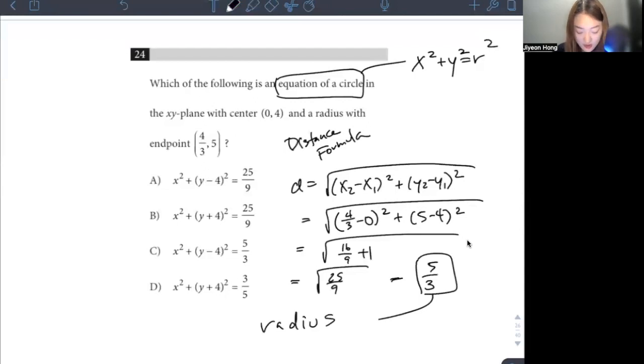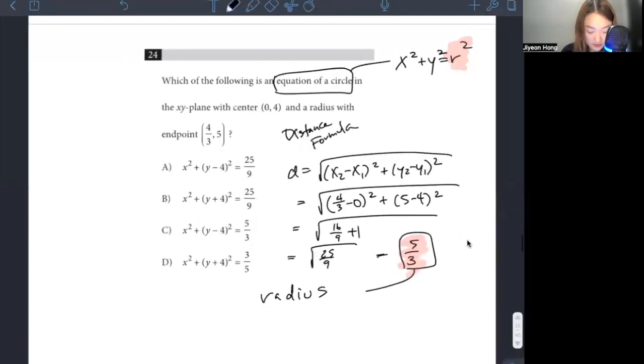And if you know our circle equation, you should be able to solve for this. This is the radius, and we know r squared is on the right-hand side, so r squared is 25 over 9. We need to look for a value where 25 over 9 is on the right-hand side.